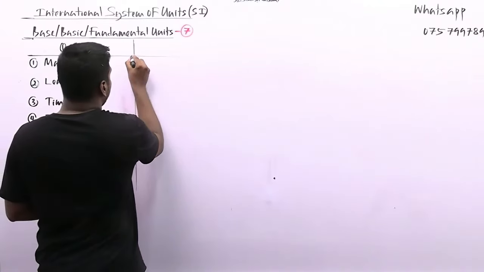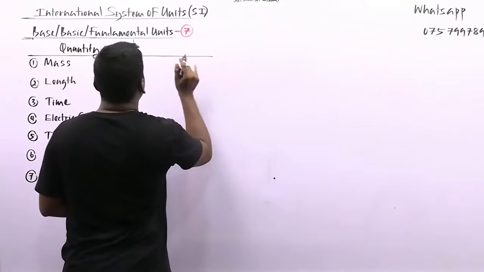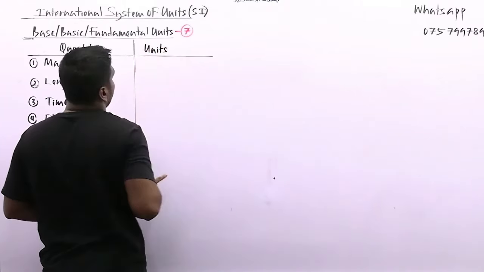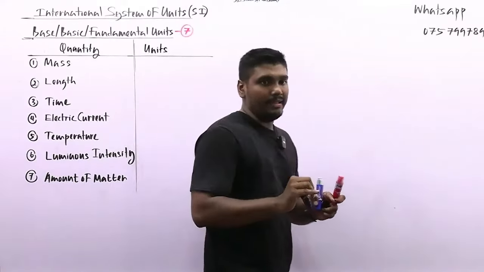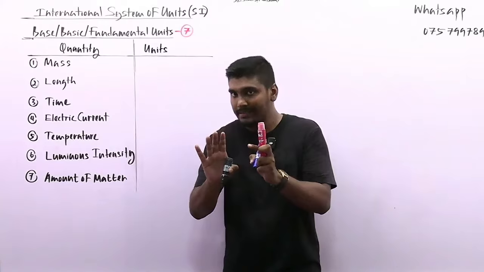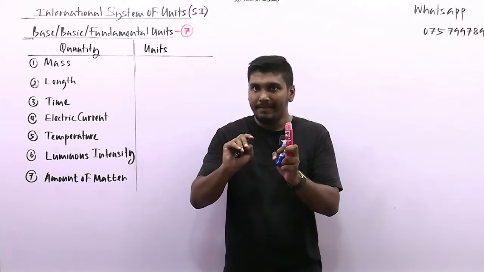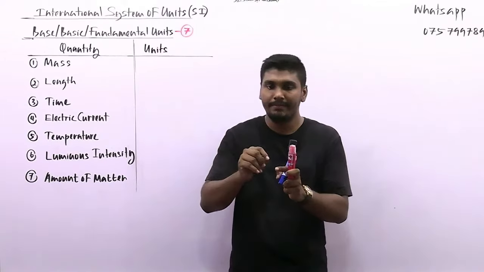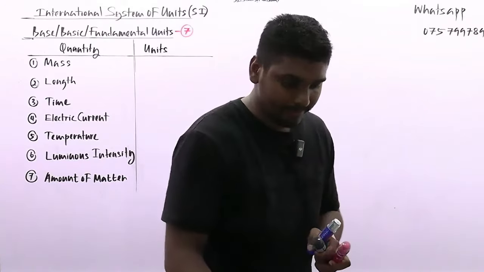Mass is measured in, we know the SI unit to measure mass is not grams. Sometimes we think the SI unit to measure mass is grams. That's wrong. It's kilograms.